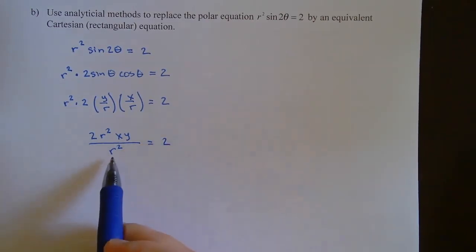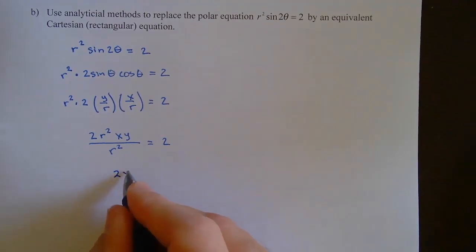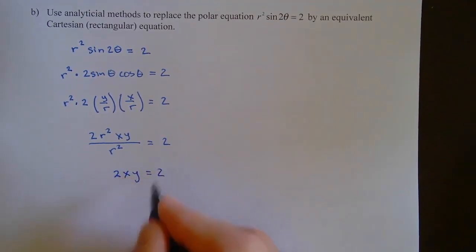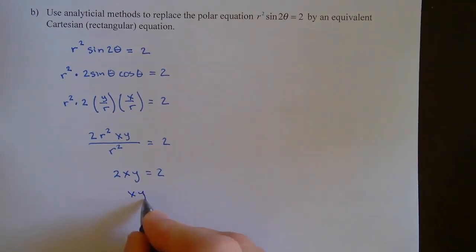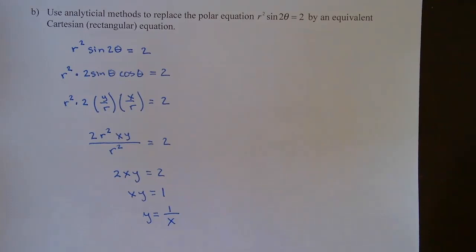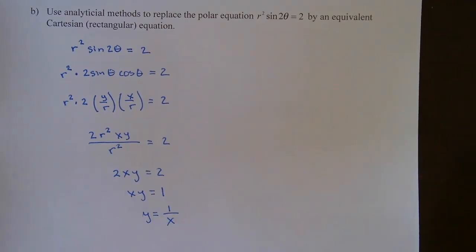And my r squareds cancel. So now I'm left with 2xy equals 2. Dividing both sides by 2, I get x times y equals 1. And so y equals 1 over x. So this is the reciprocal function, a parent function that we learned last year, right?